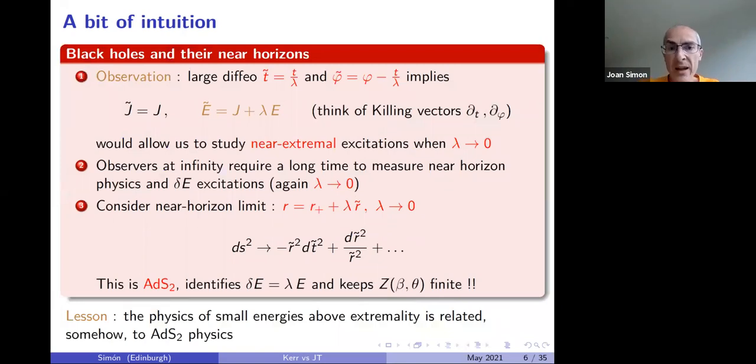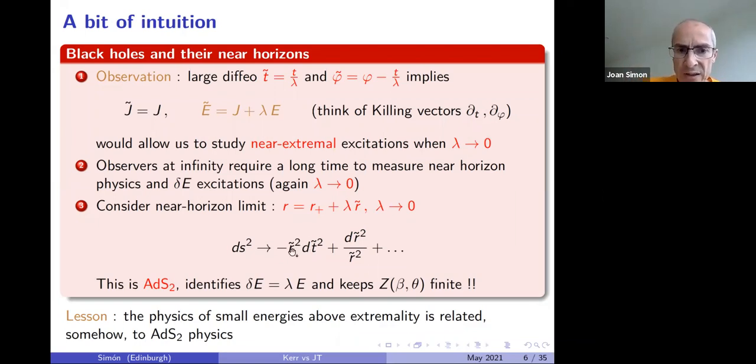So in a very natural way, we have one statistical mechanics argument saying that near-extremal physics is controlled by very low excitations. And if I try to mimic and focus on the low energy excitations in some gravity setup, it seems that I am instructed to take this lambda going to zero limit in this change of variables, and then the physics is controlled by AdS2 physics.